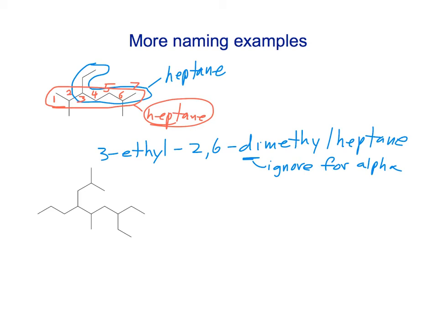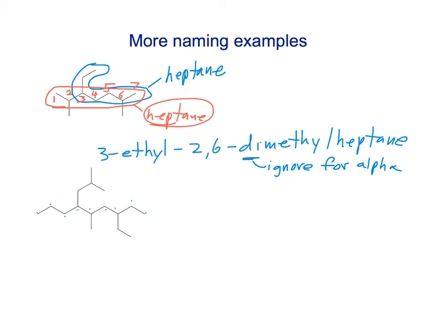Okay, where's the longest chain here? All right, again, we have 2 possibilities. We have the chain that goes horizontal. Let's count those. 1, 2, 3, 4, 5, 6, 7, 8, 9. And that has what? 1, 2, 3 substituents.